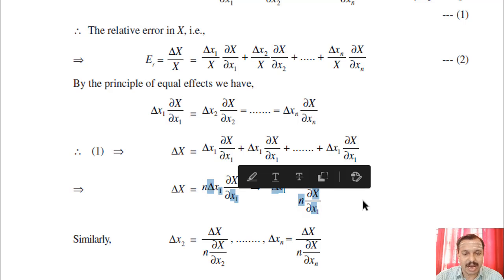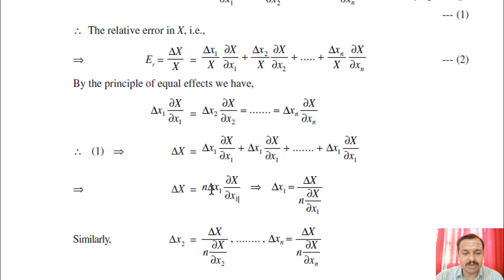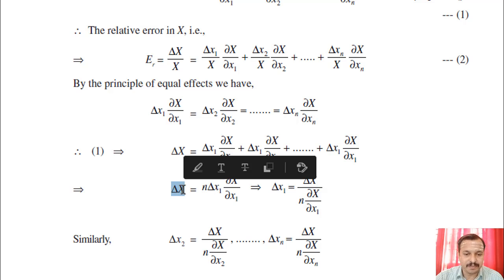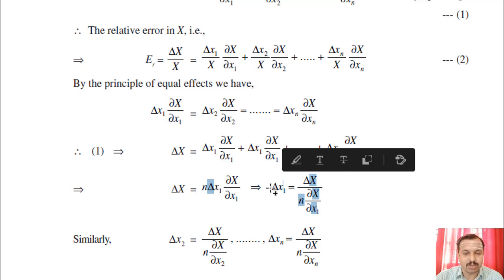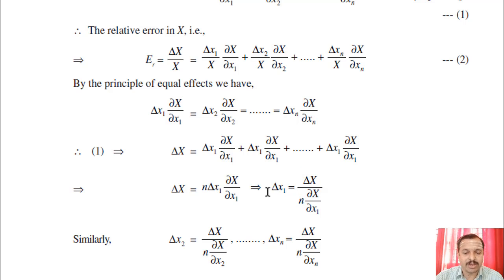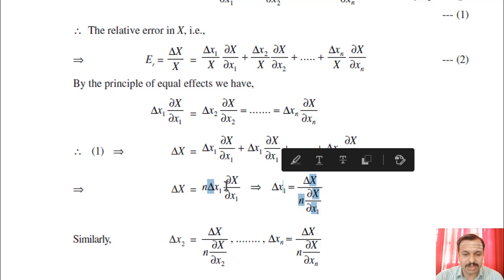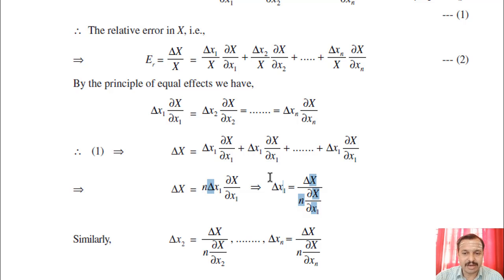And by using that we can compute, see we know the absolute error in the given function. When we know the absolute error in the given function, we can compute the absolute error in the variable x1 by using the same expression. Keeping this as it is, we can transfer it to the other side.